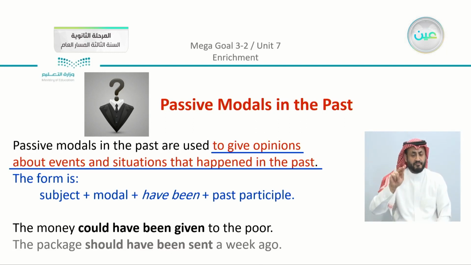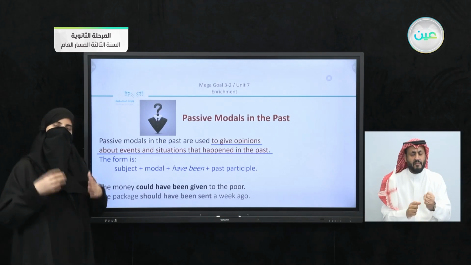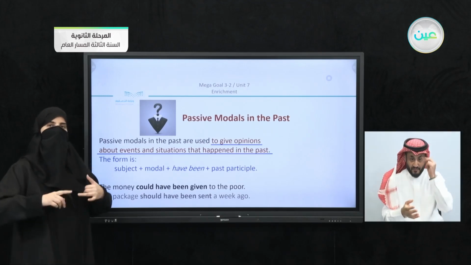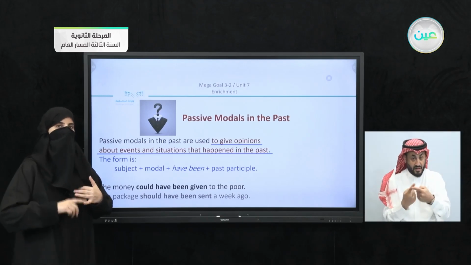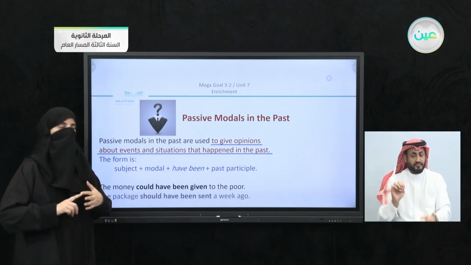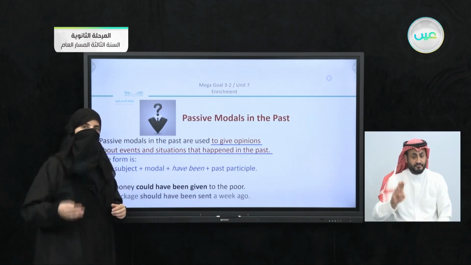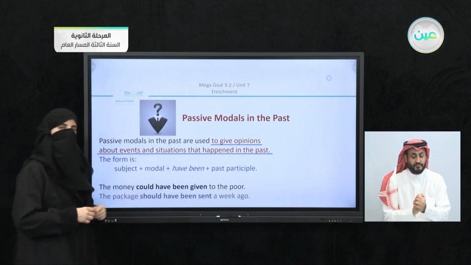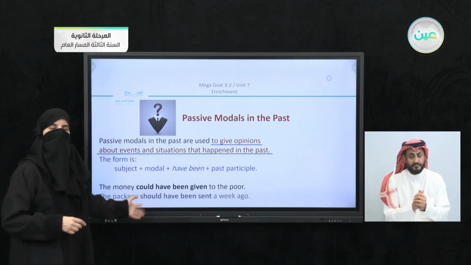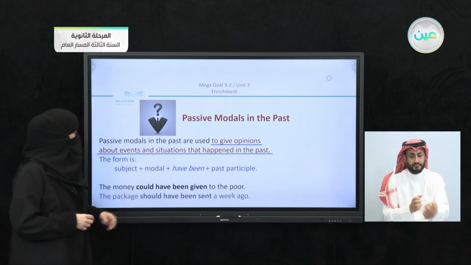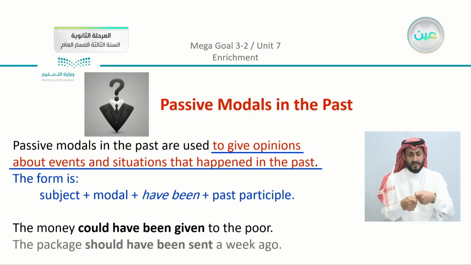Now here you can see that there are many parts that you must keep in mind. Don't forget to use the subject. And you have your modal. You are going to also use have been together. And after have been, we do have the past participle. So let's look at the example here. The money could have been given to the poor.